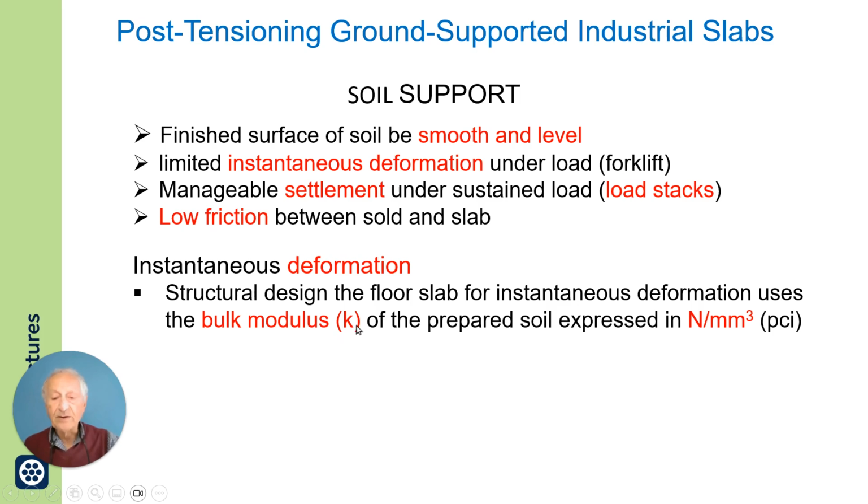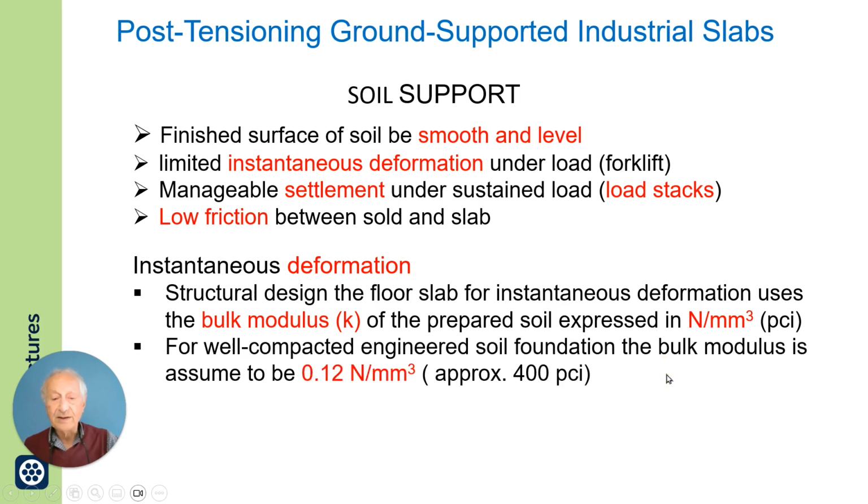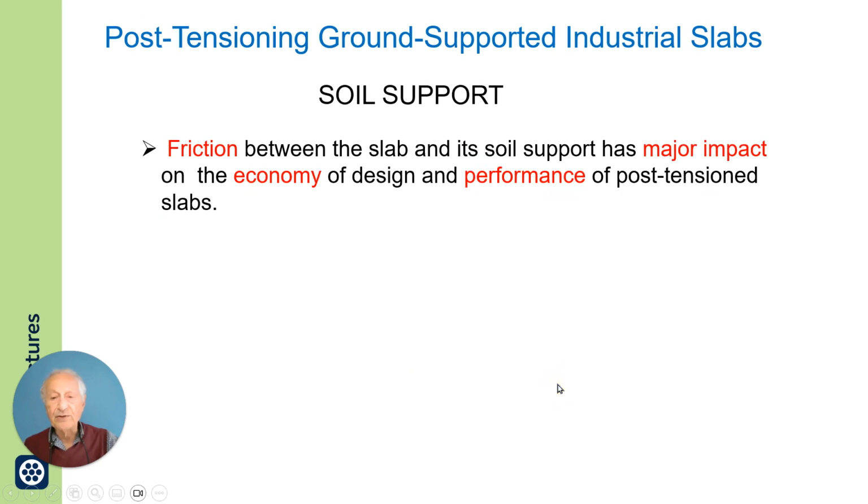That is a constant property of the soil, expressed typically in newtons per millimeter cubed or pounds per cubic inch. A well-compacted engineered soil foundation will have a bulk modulus of about 0.12 Newton per millimeter cubed, which is approximately 400 pounds per cubic inch.